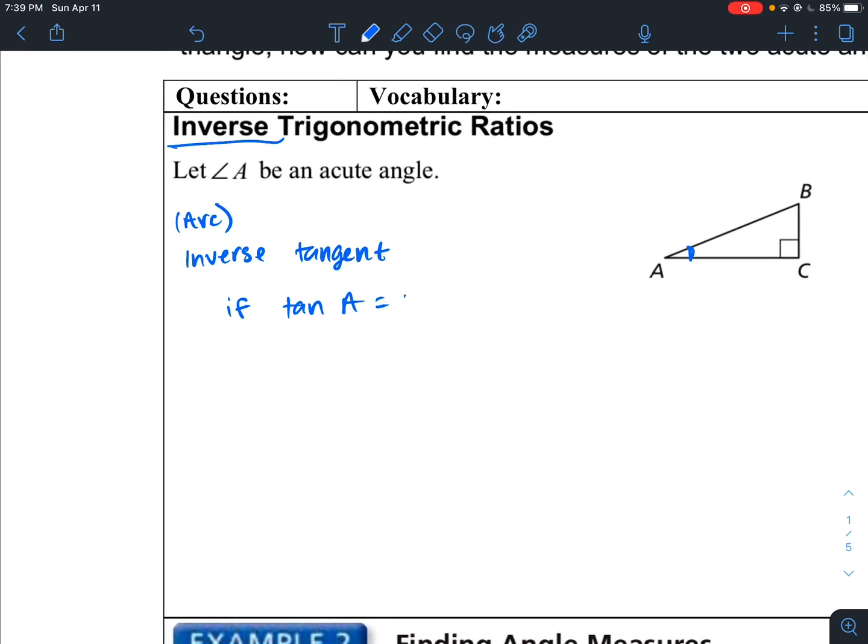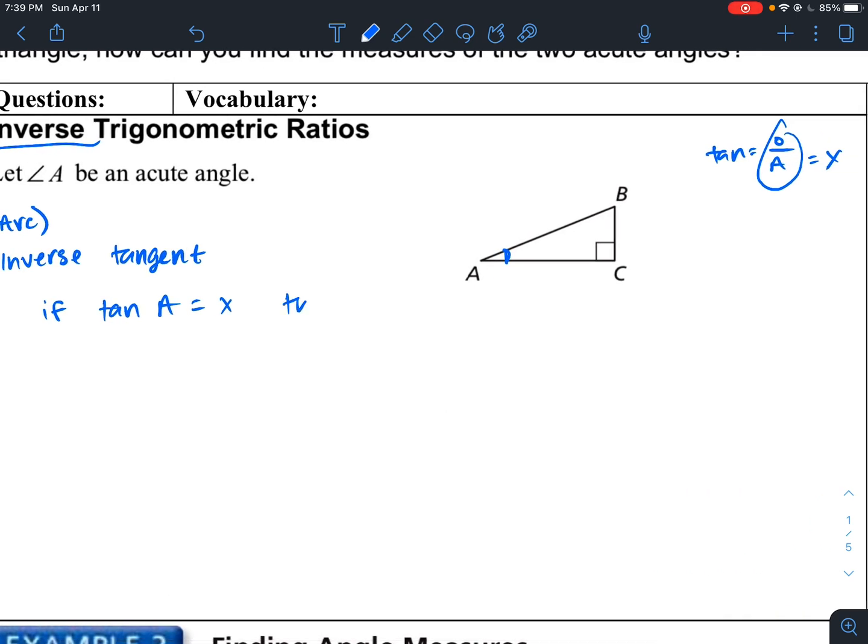So if tangent of A is equal to x, then arctangent, which we write as this, with a tan and then a power of -1, this is what we call inverse or arctangent.